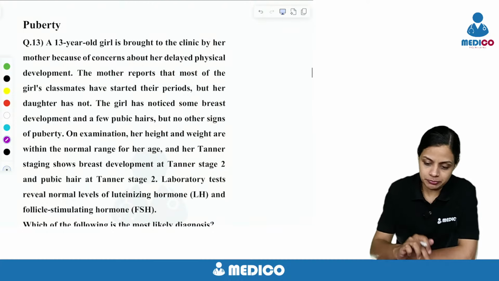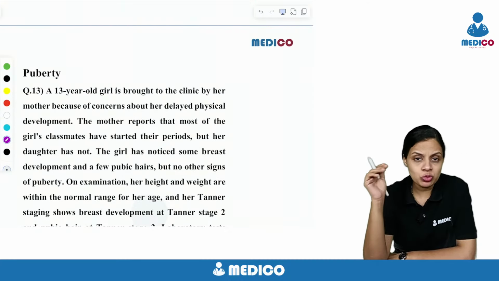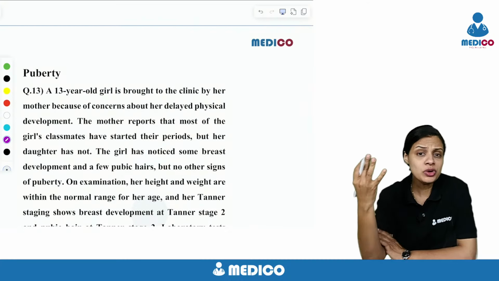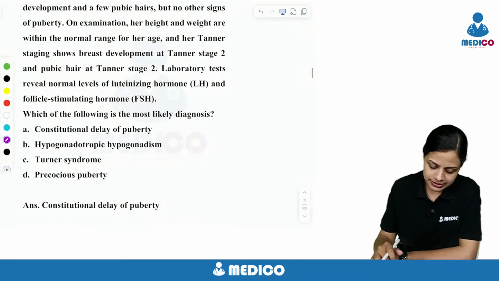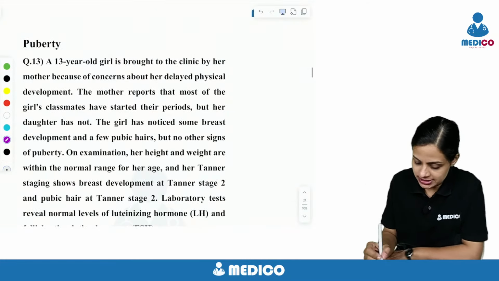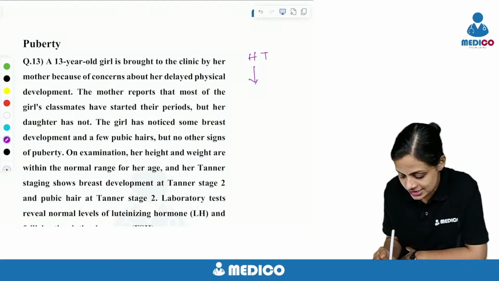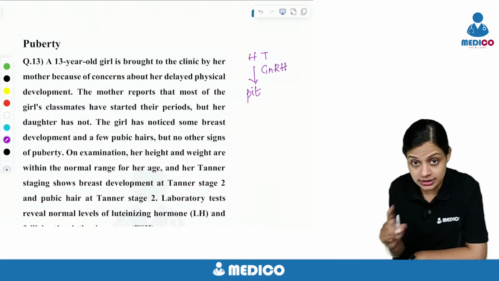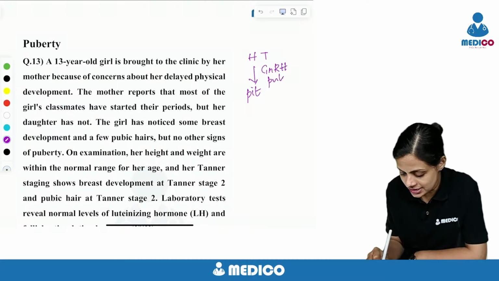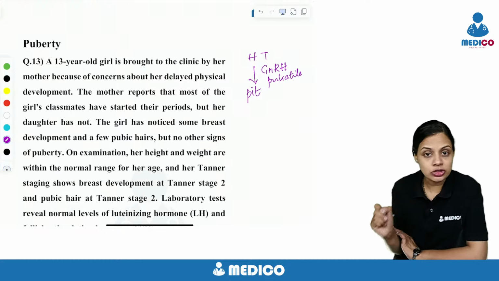So let's start puberty. Before we start puberty, how does puberty occur? The hypothalamus starts releasing GnRH in a pulsatile manner, not continuous, remember that. This acts on the pituitary.